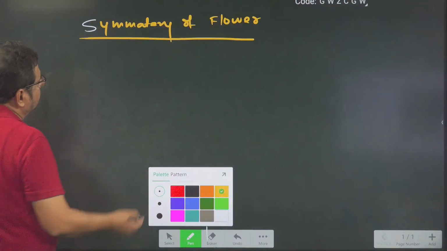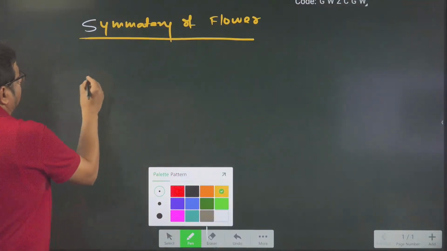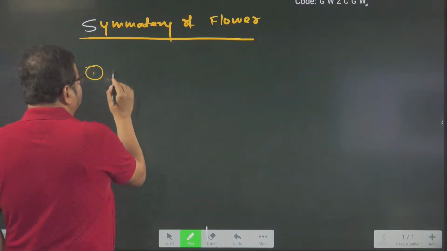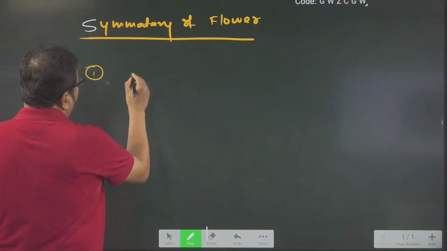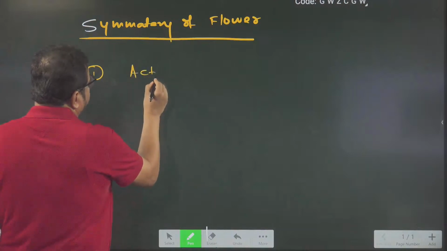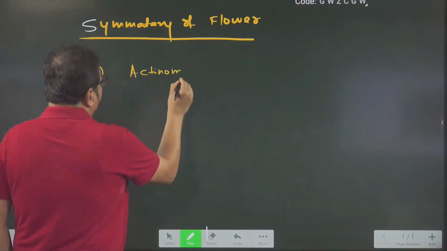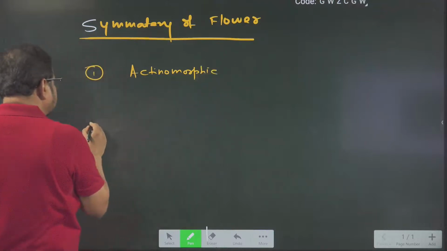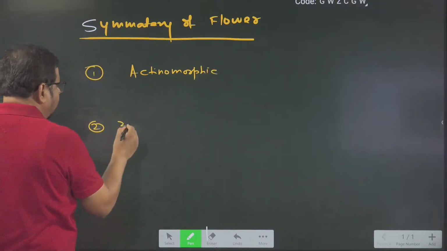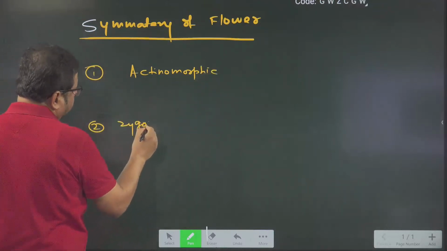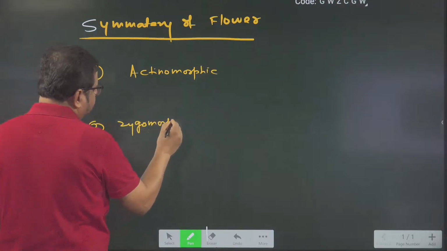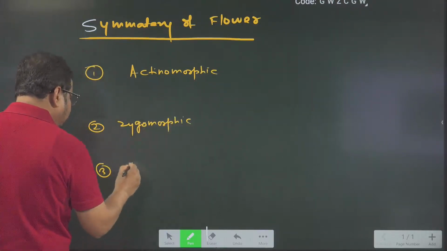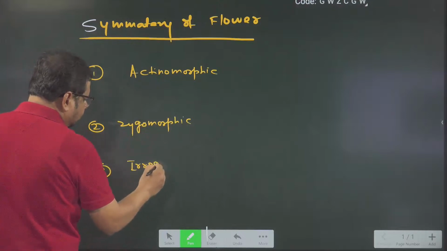So if we talk about symmetry of flower, we are discussing here three different types of symmetry. One is actinomorphic. Another one is zygomorphic. And third one is irregular kind of flower.